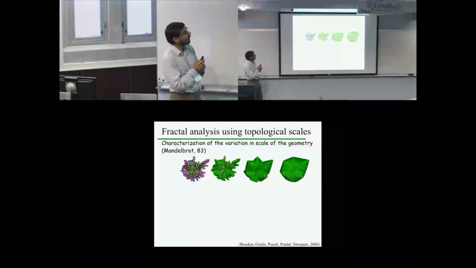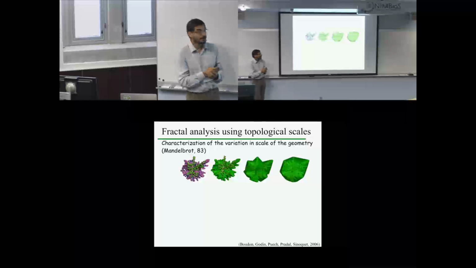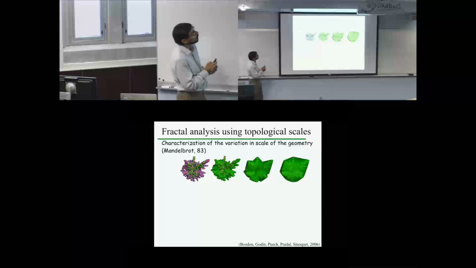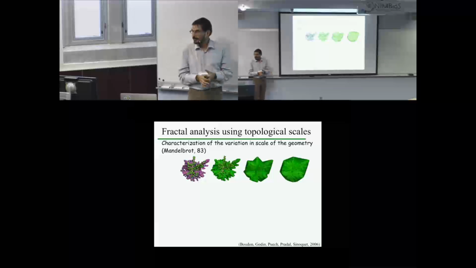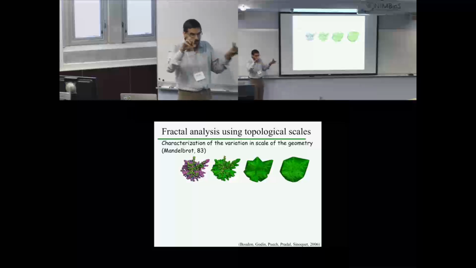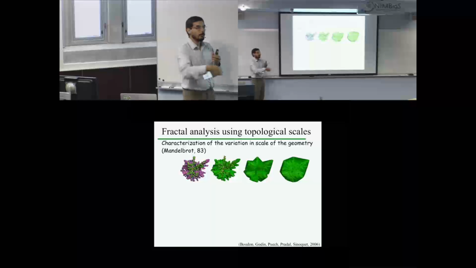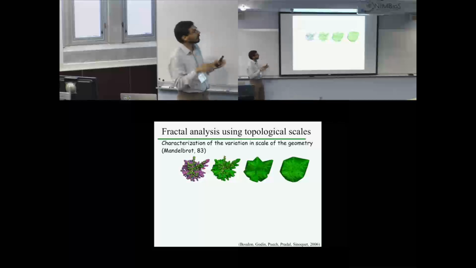Another type of quantitative approach is geometrical analysis. Here I will show two methods, starting with fractal analysis. Fractal analysis is a way to characterize a geometry, but for irregular objects. If you have regular geometrical objects with a smooth surface, when you zoom in on the object you will not have more information at a given scale because it's continuous.